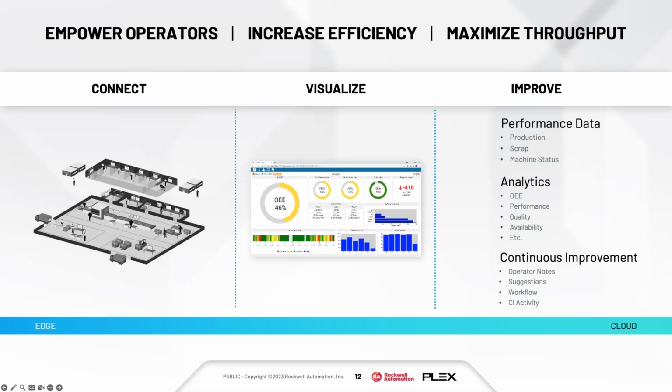So a typical starting point for companies in their digital transformation often begins with connectivity to that diverse landscape on your shop floor, from PLCs to sensors. This connectivity is then visualized as operational KPIs to be consumed by operators and shop floor personnel.